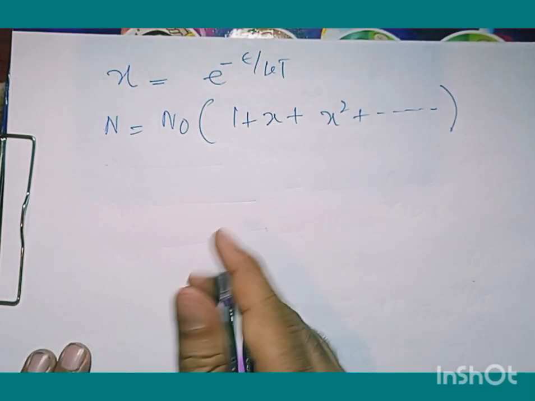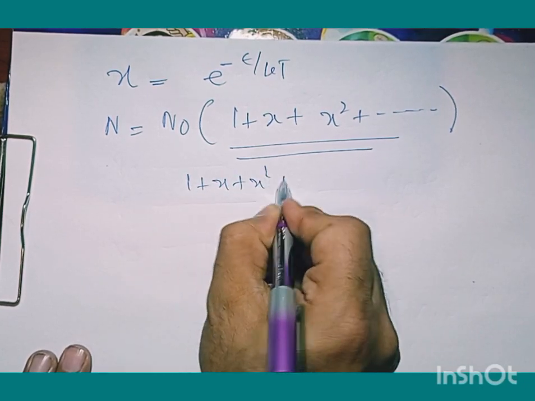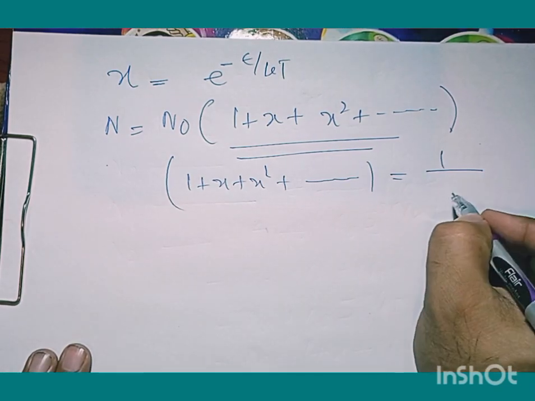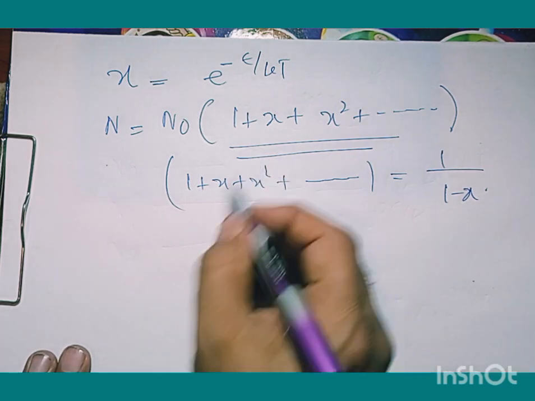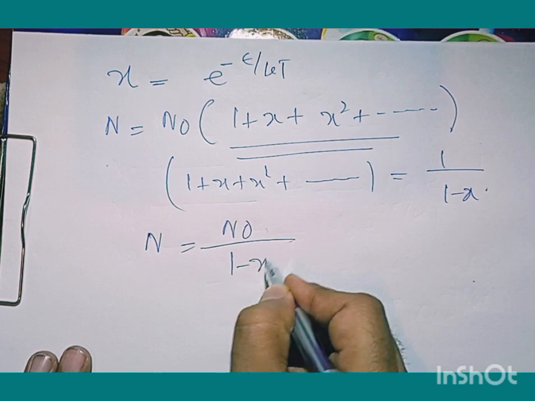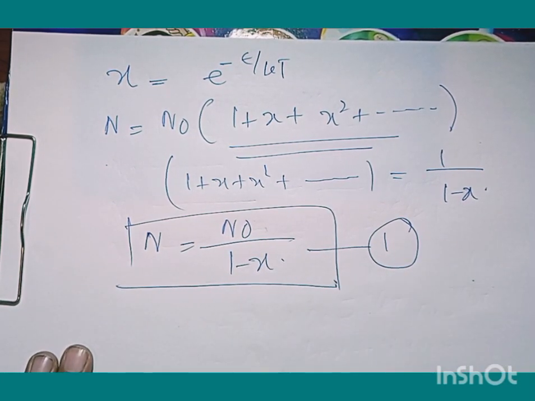And this series can be approximated as 1 plus x plus x squared plus so on and so forth. This is equal to 1 by 1 minus x. So we can have here N equal to N0 by 1 minus x. So this I will call as equation 1.